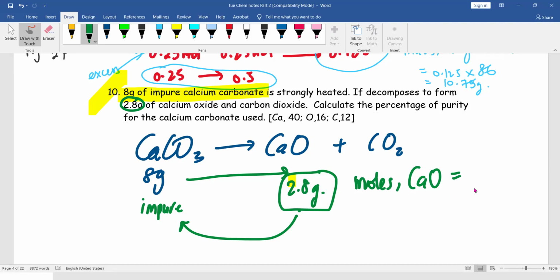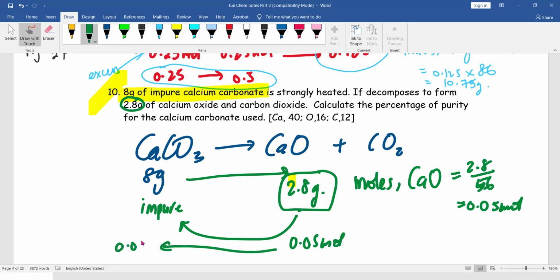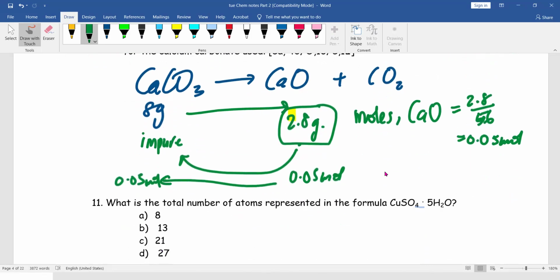Hmm? 0.05. Okay, so 2.8 over 56, 0.05. Okay. So if this is 0.05 mole, this is supposed to be 0.05 mole. Okay, so the mass of calcium carbonate is supposed to be 0.05 times 100. Molar mass of calcium carbonate is 100.